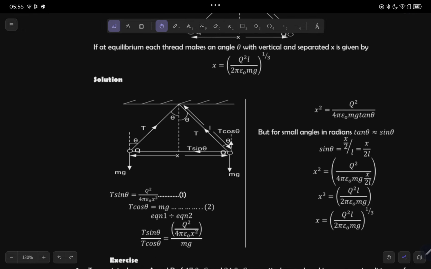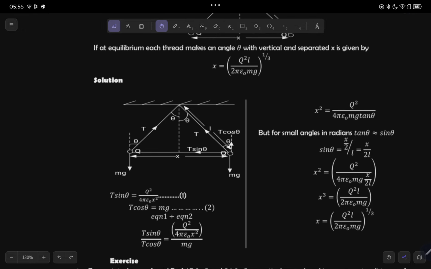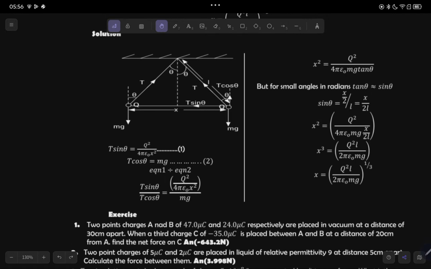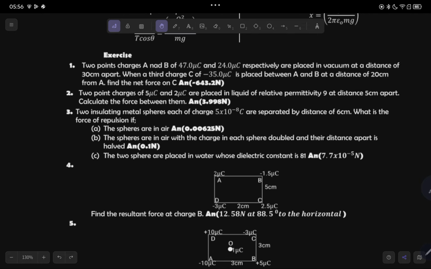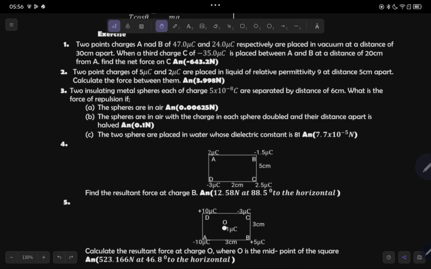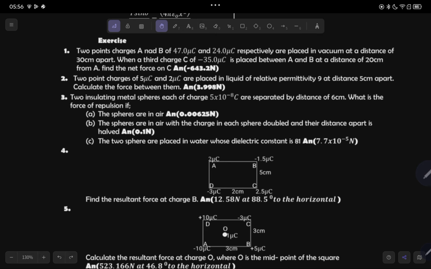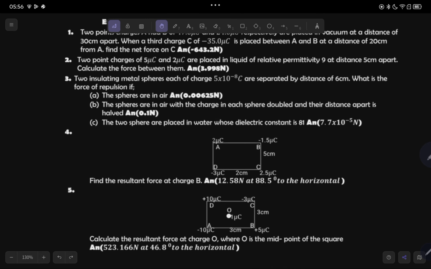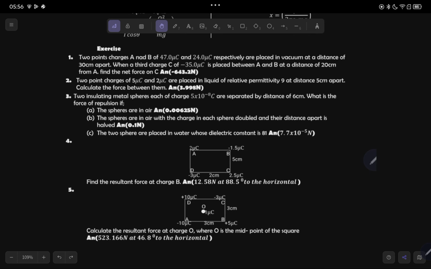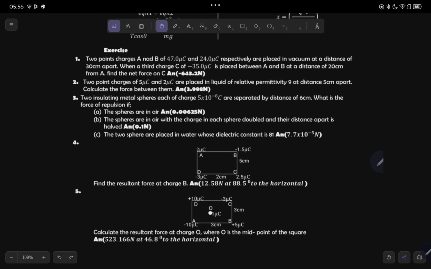You can compare with the solution, or if you're stuck, you can still go through it. Afterwards, you proceed and attempt this exercise. It has its answers in brackets. There are a total of 5 questions that will help you to consolidate whatever we have been able to discuss under Coulomb's law of electrostatics.